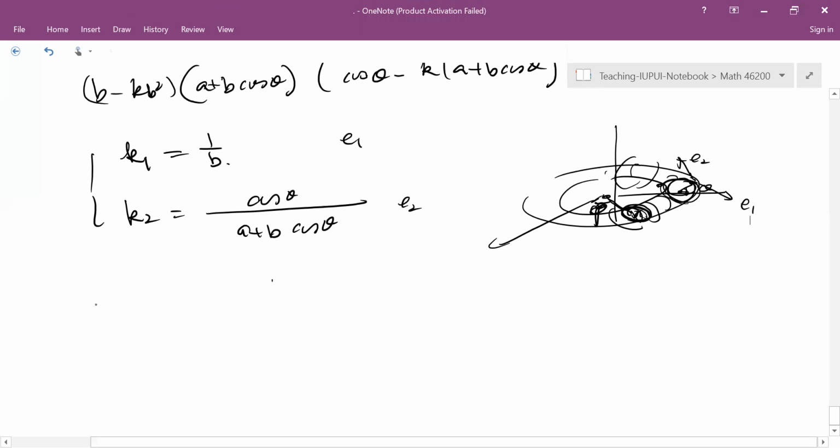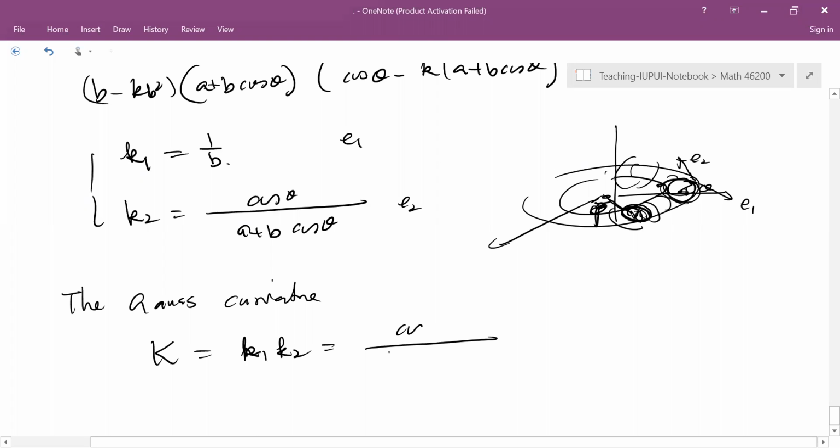Okay, so let's see the Gauss curvature. The Gauss curvature is going to be K1 times K2. And that is going to be cosine theta over B times A plus B cosine theta.